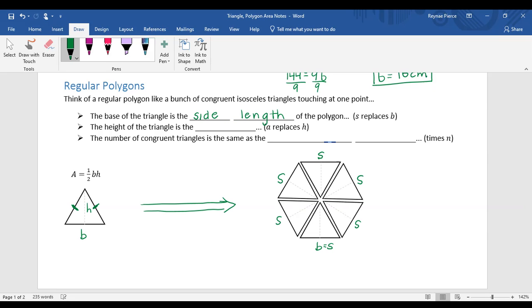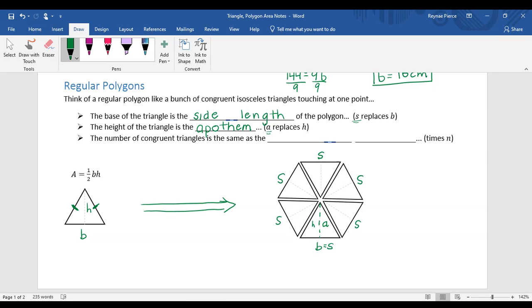So rather than 1/2 B, S for side length is going to replace B. The height of the triangle is what we call the apothem, and we will define the apothem on the next page. It's like saying a possum, but with a lisp. So rather than H in our equation, we're going to have A.